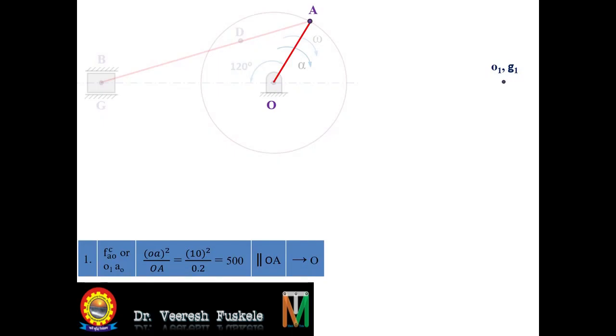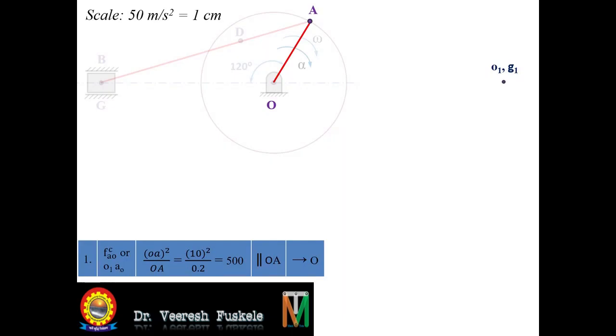So we have to take a scale. The scale taken here is 50 meter per second square will be represented by 1 centimeter. So the length of the vector O1 A0 will be 10 centimeter. So we'll draw a line of 10 centimeter from O1.